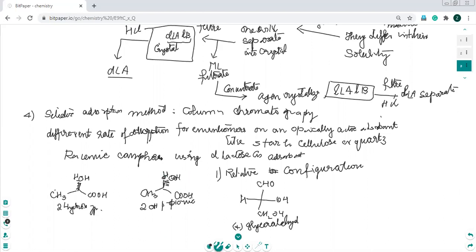Okay. And what people do, they wrote the Fischer projection of this compound in this fashion. See, this is the most oxidized group on the top. You write the most oxidized group on the top.